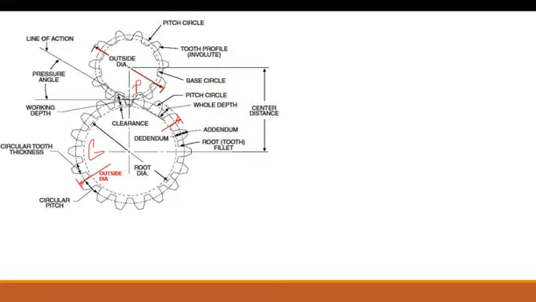Now, some of the more important features of the gearing system I want to start with is the shape of the gear tooth, which is known as an involute. Now this involute, like I said, is the shape of the tooth, and it is that rounded profile of the gear tooth itself that, when in mesh with the other gear, the pinion to the gear, allows for a smoother transition of power.